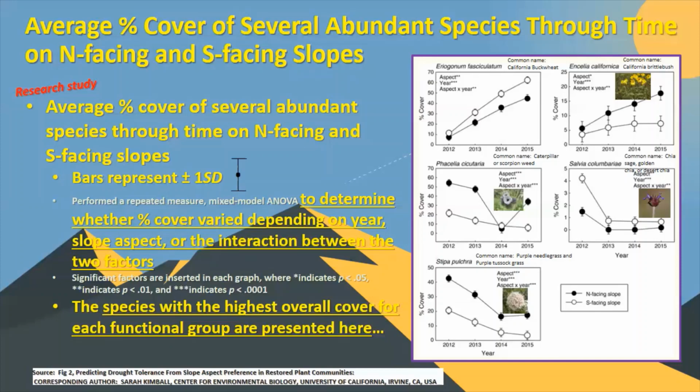There are some radical things, like you wonder what happened to the caterpillar or scorpion weed here in year 214. That's this big trend. The other trends show you that in some cases there's a flip-flop on north and south facing slopes, and you wonder why that plant did better on one slope over the other.